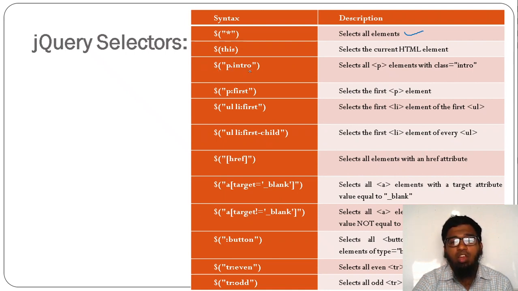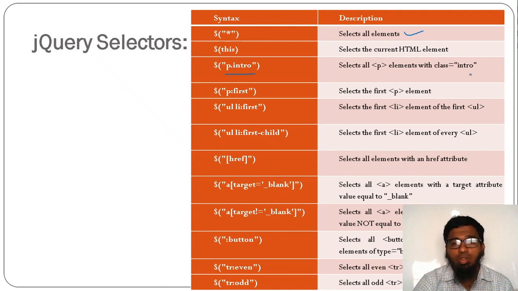Okay, $("p.intro"), this is a paragraph. In the paragraph, .intro is a class. With that we can select all p elements with class intro.